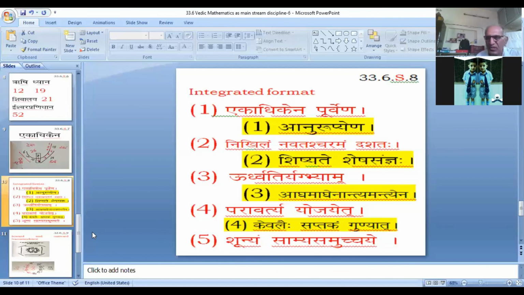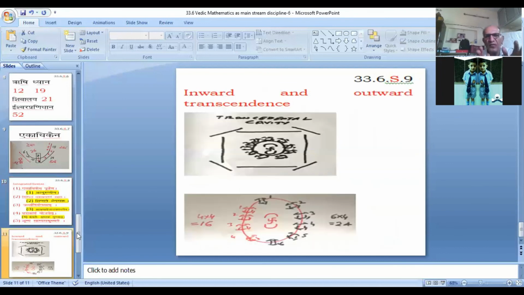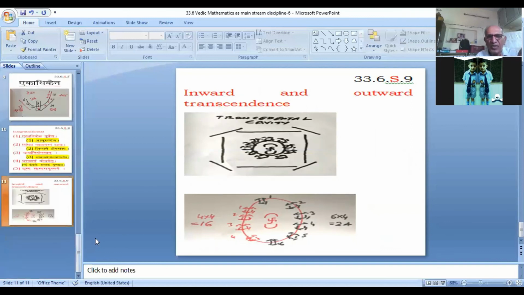As such, this will take us to a phenomenon of inward and outward transcendence. A reach from fifth letter to the sixth letter is going to be a reach to be parallel with simultaneous inward and outward transcendence taking place.